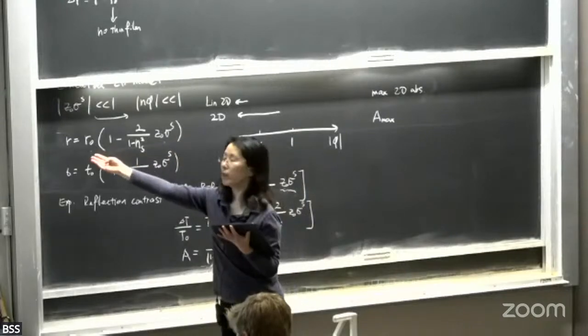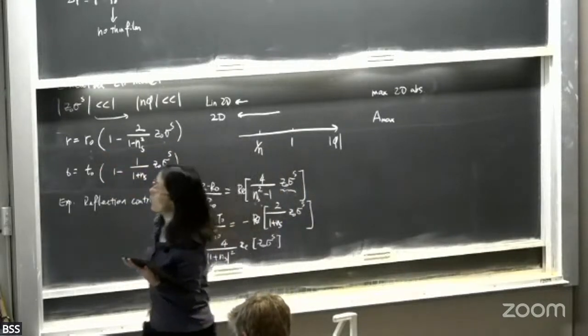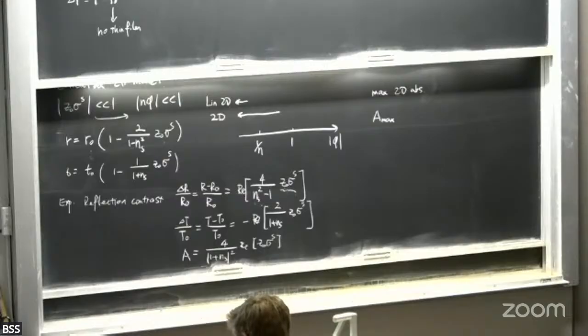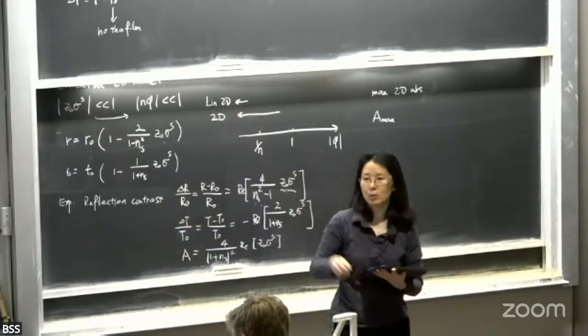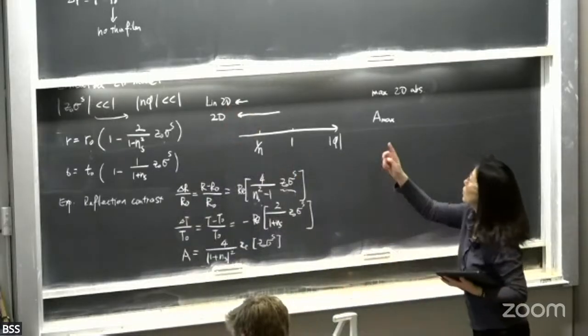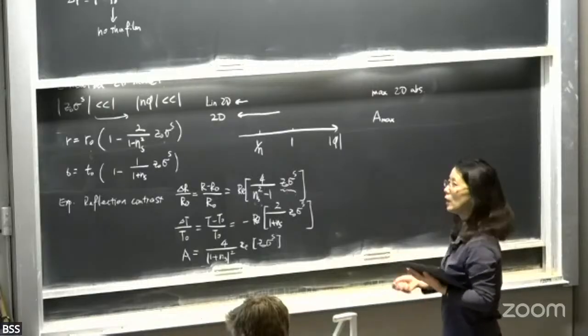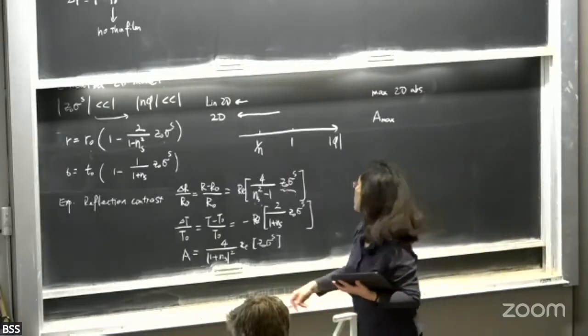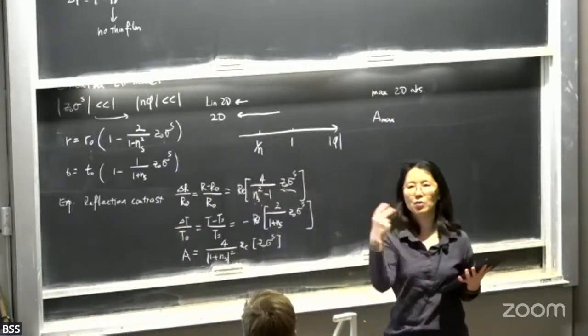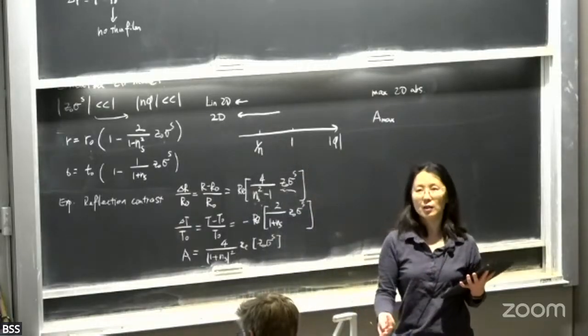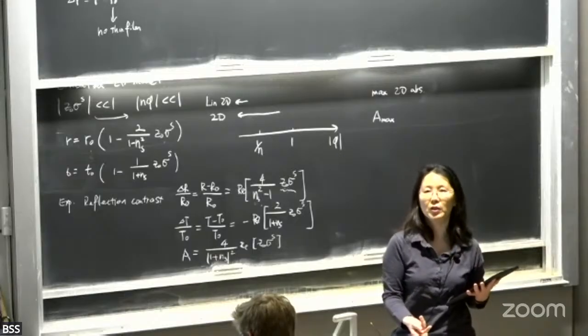You can get the expression for A, which is 1 minus R minus T, right? So here's R and here's our T, modulus squared, with the right index. And then you can use the sheet conductivity sigma as the variable and find the zero of the first derivative.